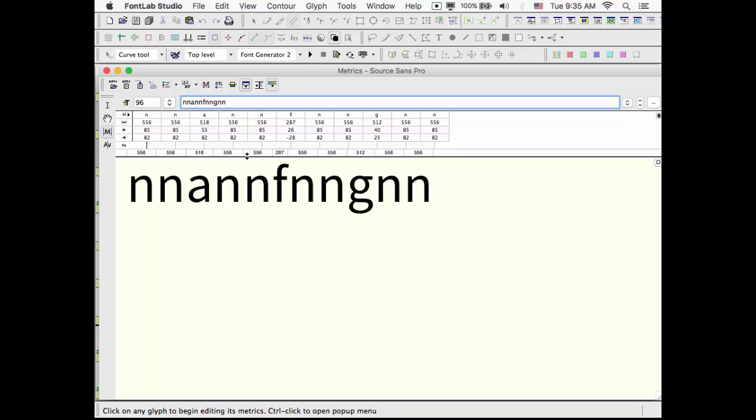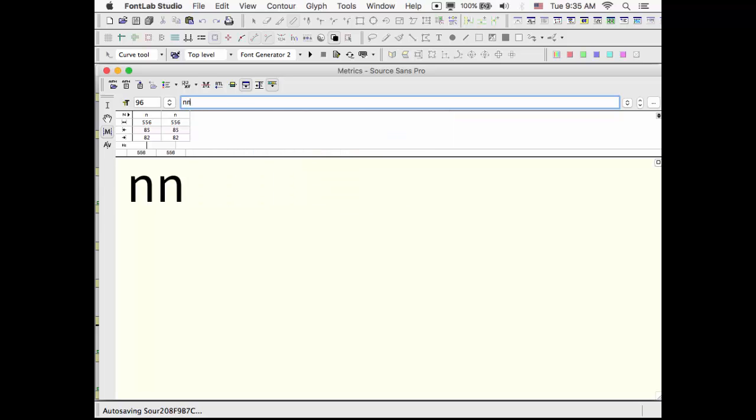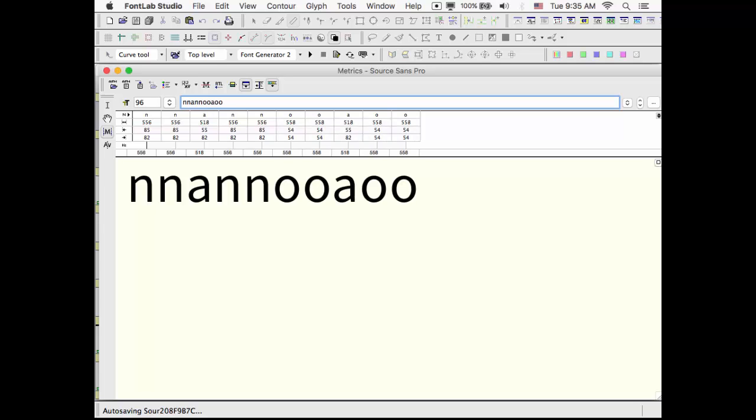And the other thing I should be doing, of course, is comparing these against O's as well as A's. I'm looking at this and I'm thinking, you know what? The right side of the N could actually be a smidge smaller, and also the right side of the A as well.